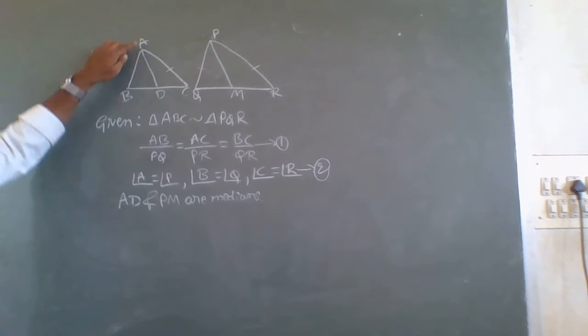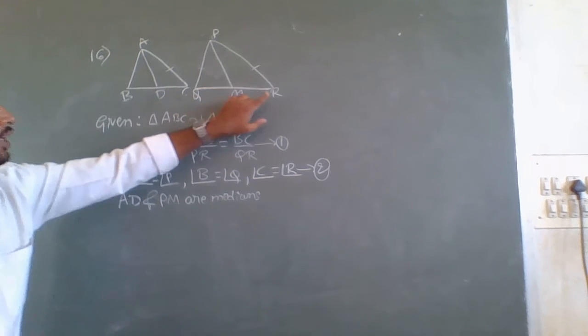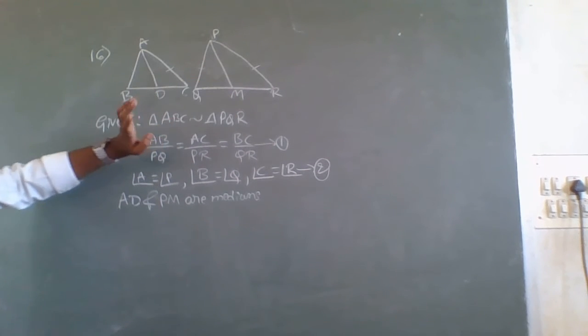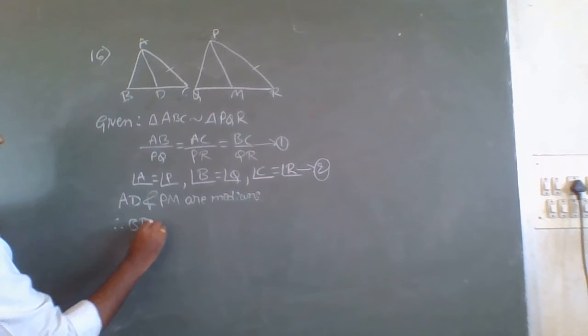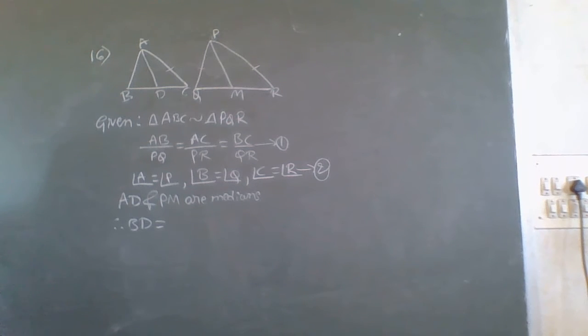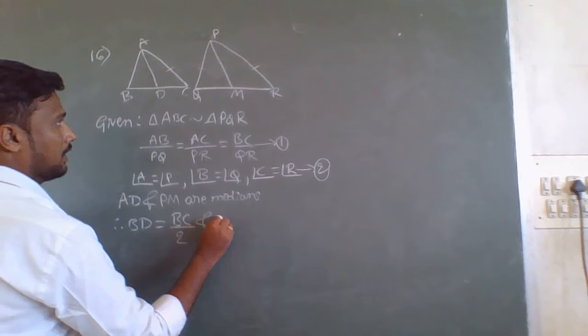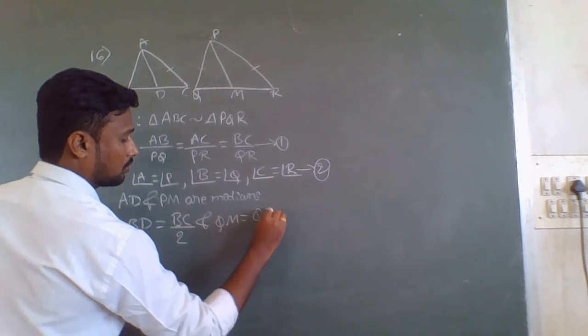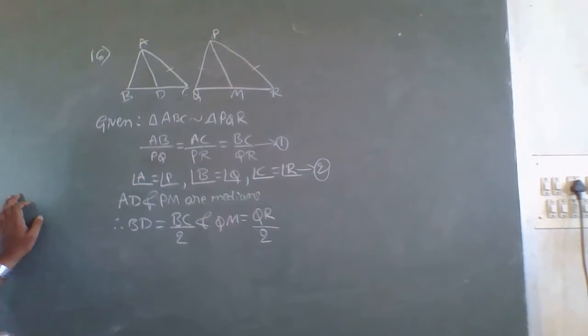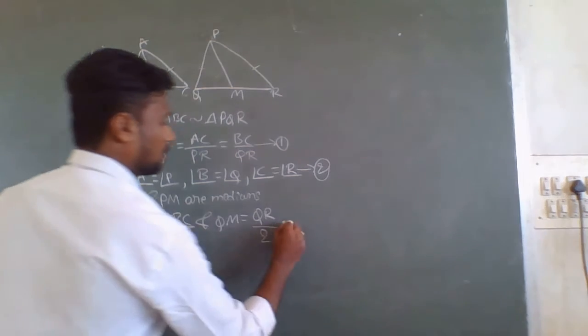Here BC is the opposite side of median AD and QR is the opposite side of median PM. Therefore, BD is equal to BC by 2, and QM is equal to QR by 2. I will consider this as third.